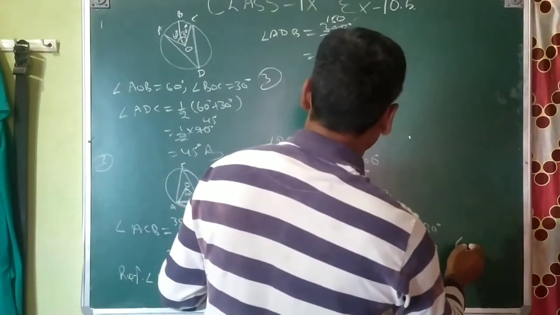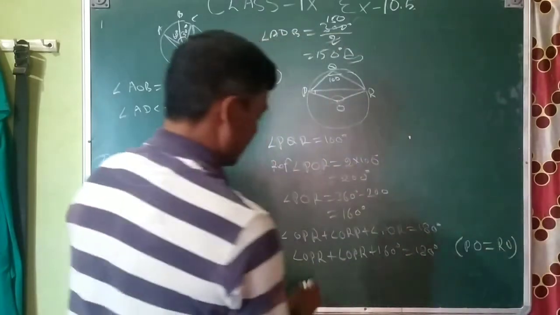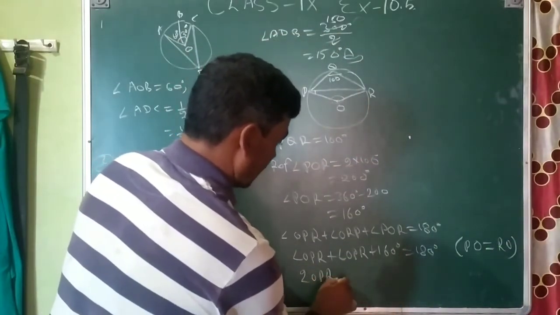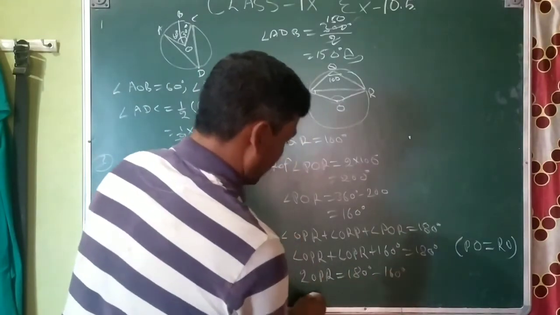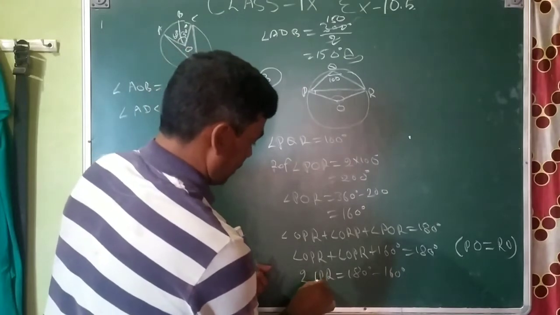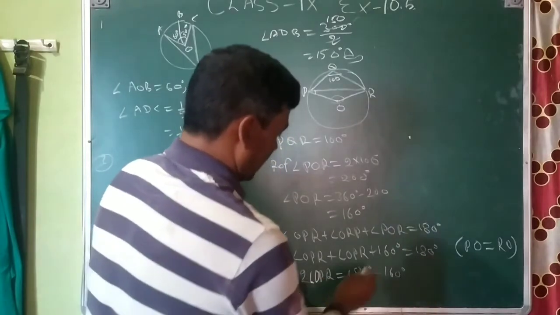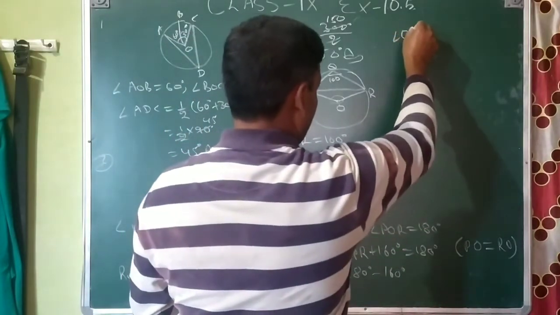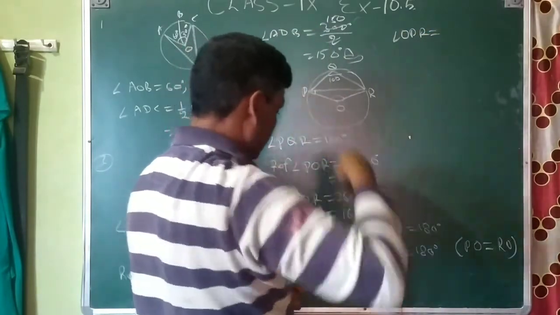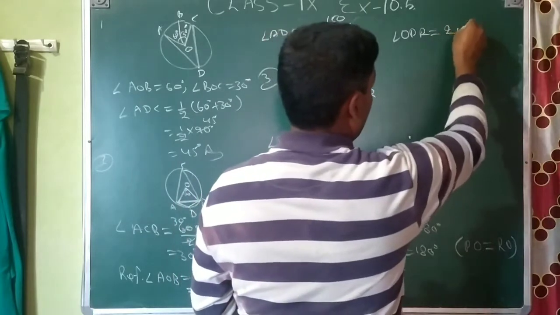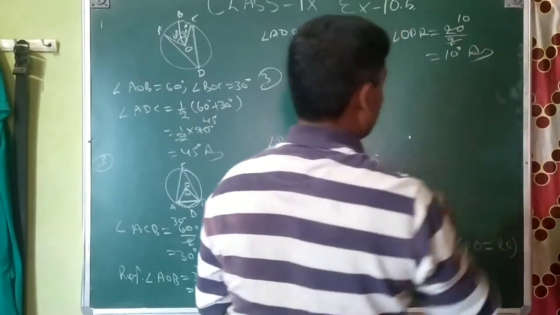Here we write PO is equal to RO, and then 2 OPR is equal to 180 minus 160, that is 20, so angle OPR is equal to 20 upon 2, that is 10 degrees. That is the answer for OPR.